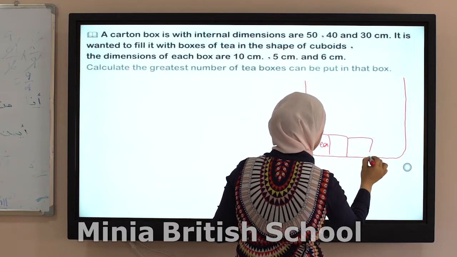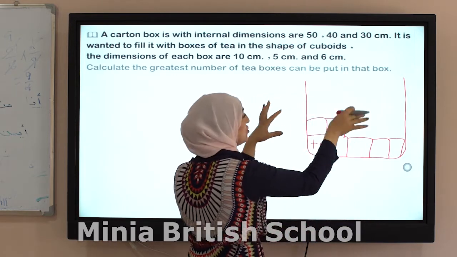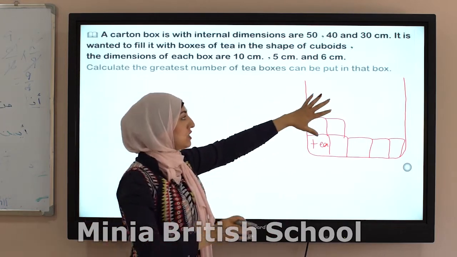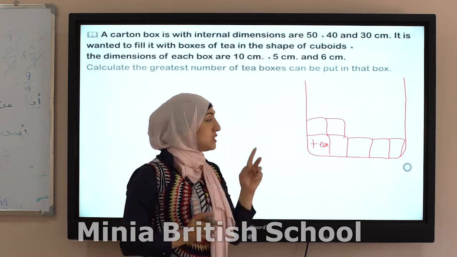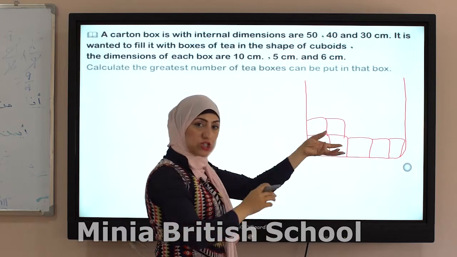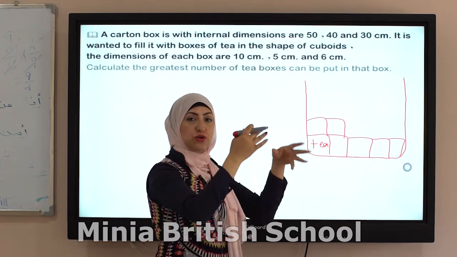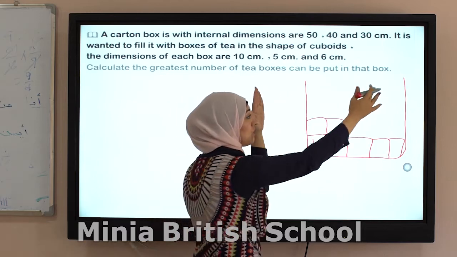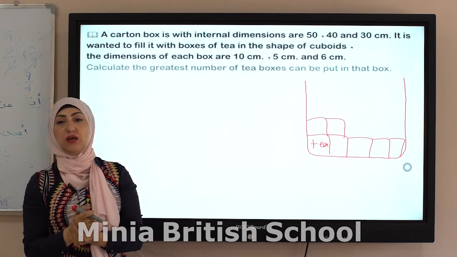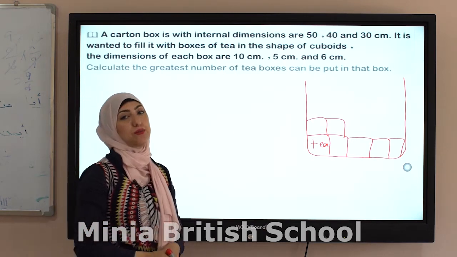Some boxes, okay, and so on. I want to know how many boxes can I put in this carton, okay? So he gave me the dimensions of the box of tea and the dimensions of the big carton to get the volume of the greatest one and the smallest one, to know how many boxes of tea can I put inside the big carton.